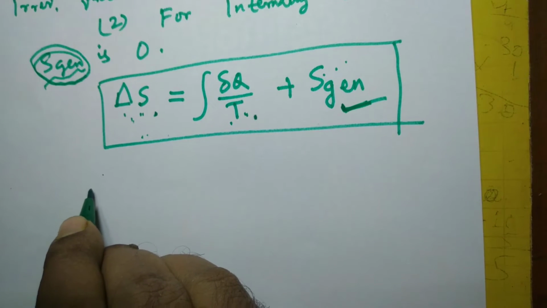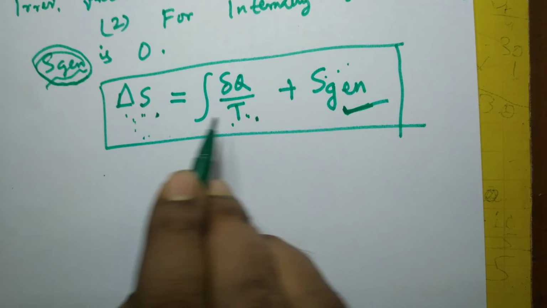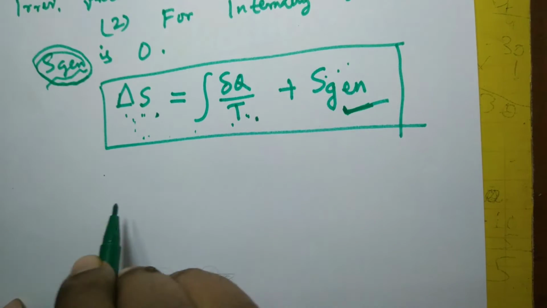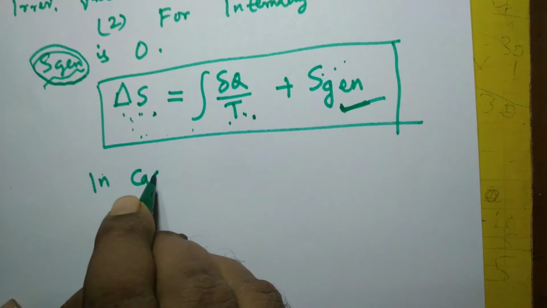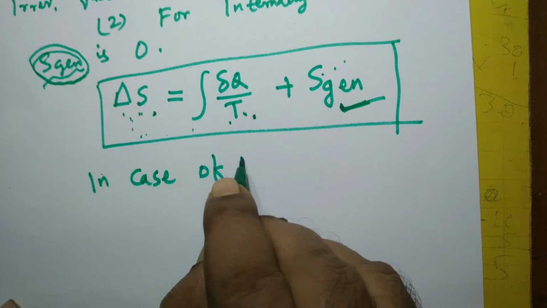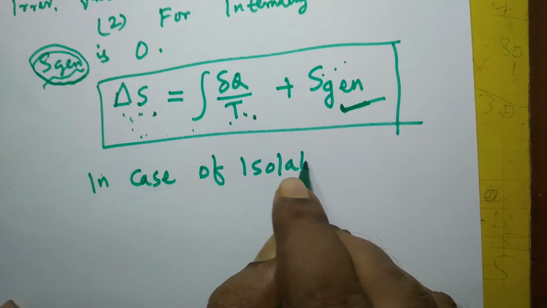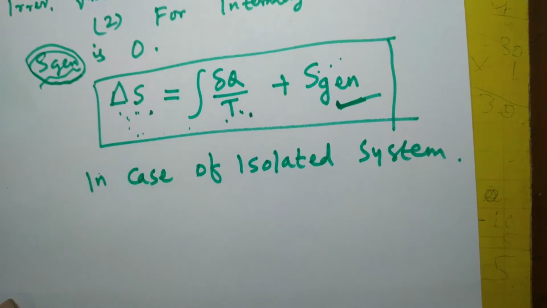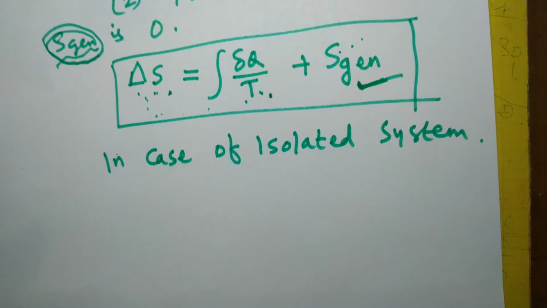You see, in case of an isolated system, what do you mean by isolated system? When there is no energy interaction as well as mass interaction.